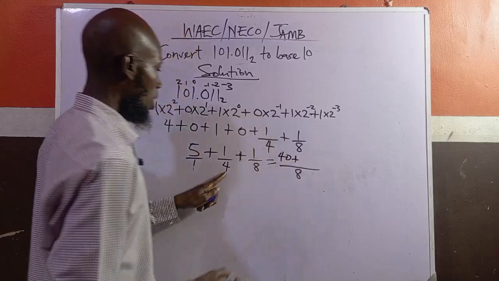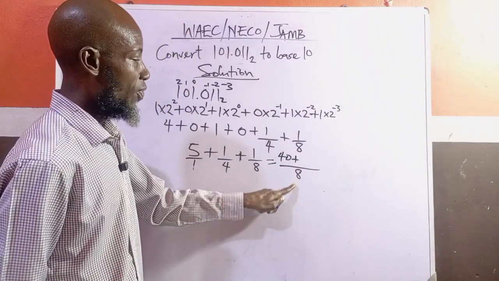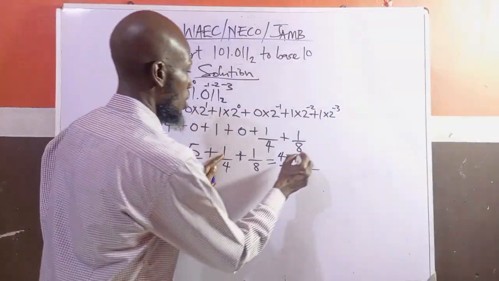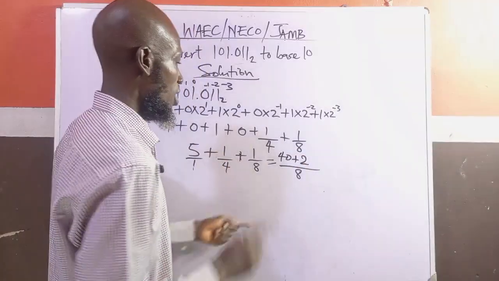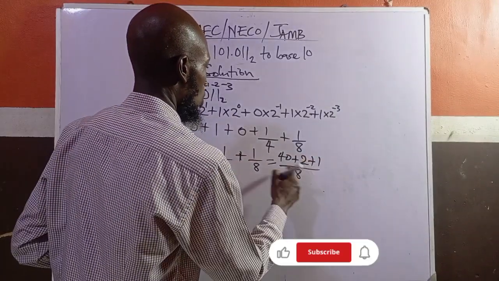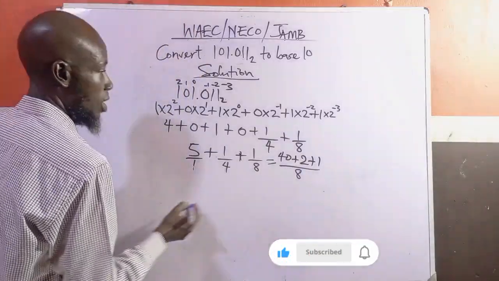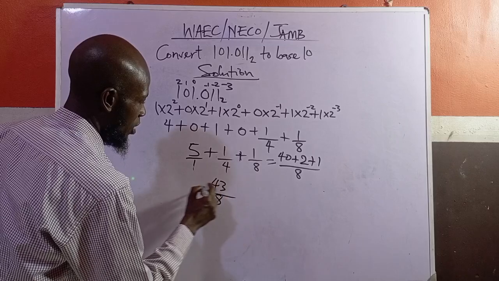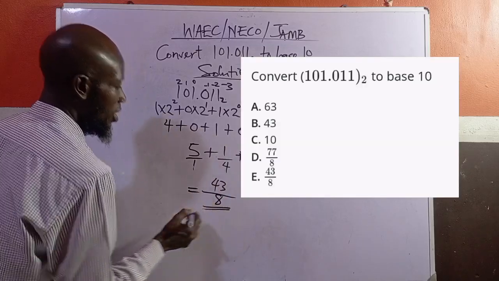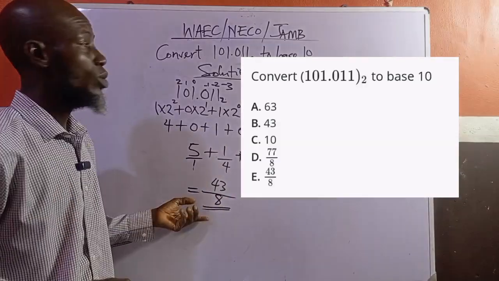Plus 4 in 8, that will give us 2, times 1, that's 2. Then 8 in 8 is 1, 1 times 1 is 1. So 40 plus 2 plus 1 is 43 over 8. And that is the answer to this question.